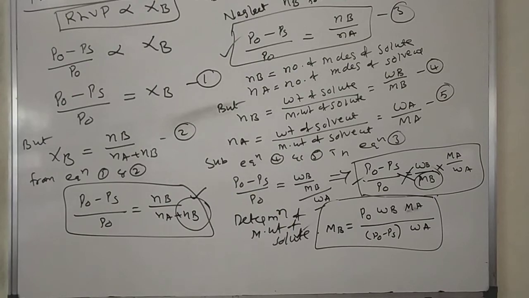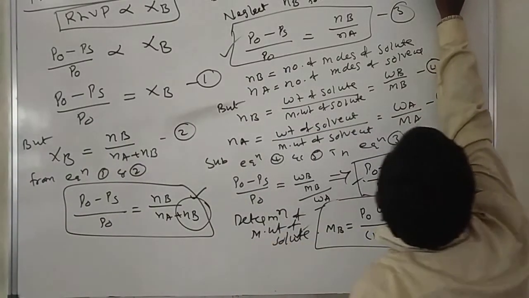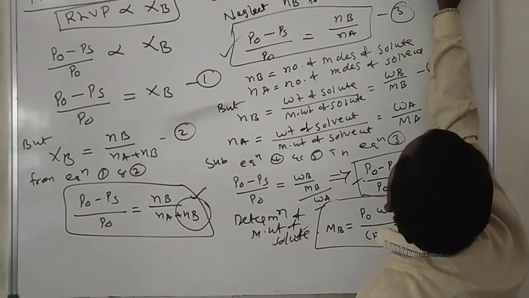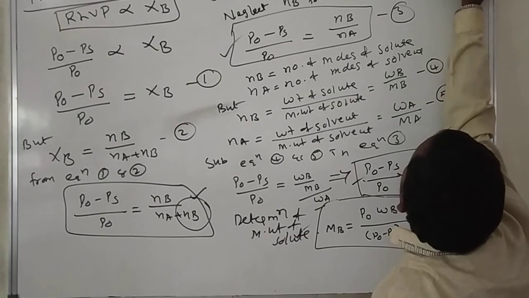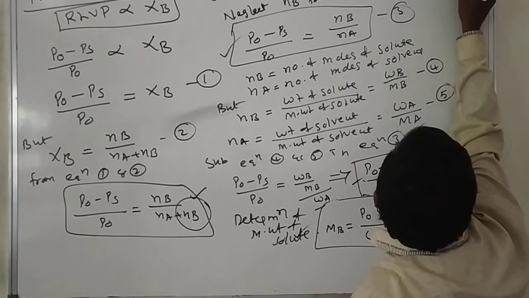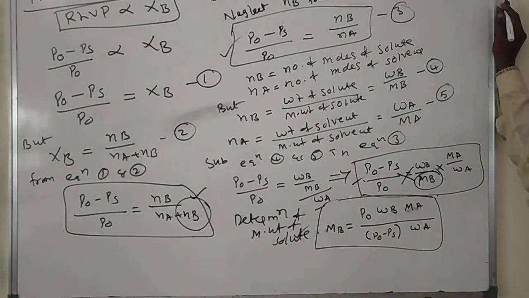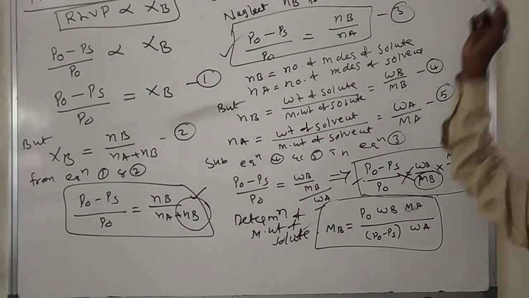And regarding the lowering of vapor pressure, the vapor pressure mainly depends on two quantities: the nature of the solvent and temperature. A volatile solvent has more vapor pressure than a non-volatile solvent.